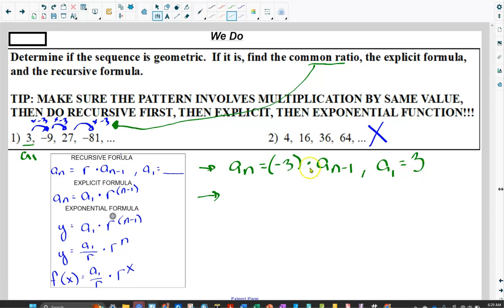Okay, now let's try and do the explicit formula. Okay, notice how cool this is. Now for the explicit formula, I'm going to go a_n, which equals A1. Be careful, I get to borrow A1 from here, which is a 3. I'll be cool and put some parentheses, times R. Okay, R is up here, R is a common ratio.